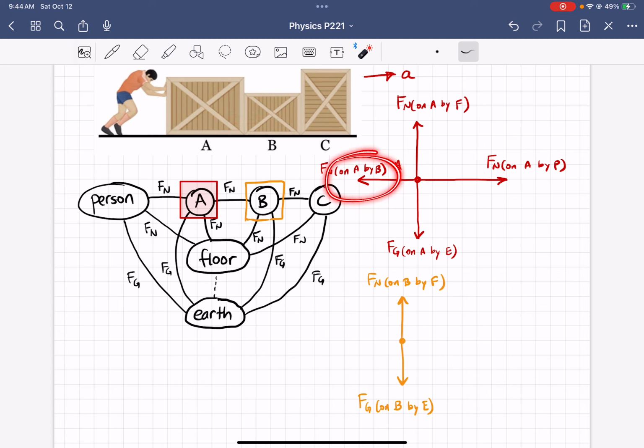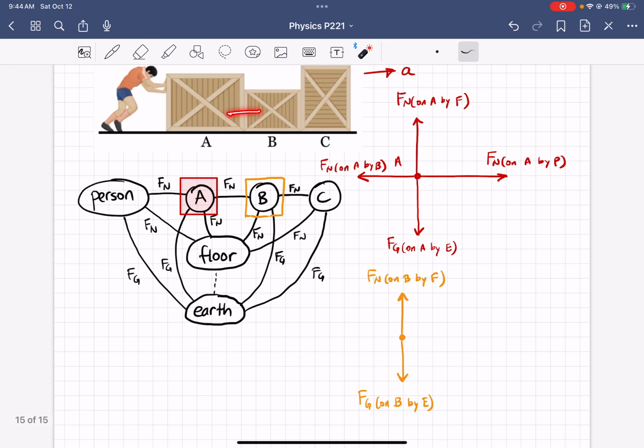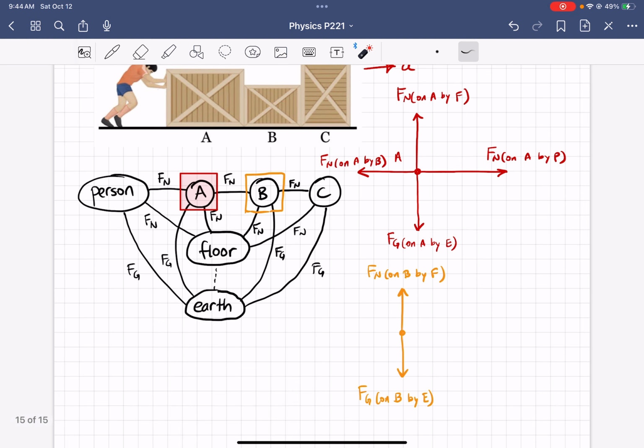And then box C is going to be pushing backwards with, again, a force that is not quite as strong as the one pushing to the right. So let's call that force normal on B by C. All right, and then finally, box C. So there's going to be a gravitational force on C as well.